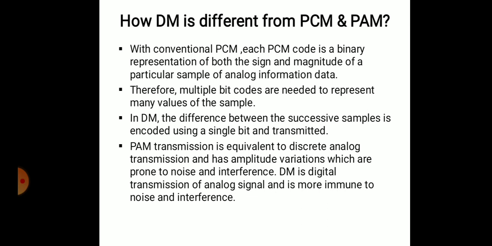So PAM is equivalent to discrete analog transmission, whereas delta modulation is digital transmission of an analog signal, and DM is more immune to noise and interference than PAM. So these are the differences between delta modulation and PCM and PAM.